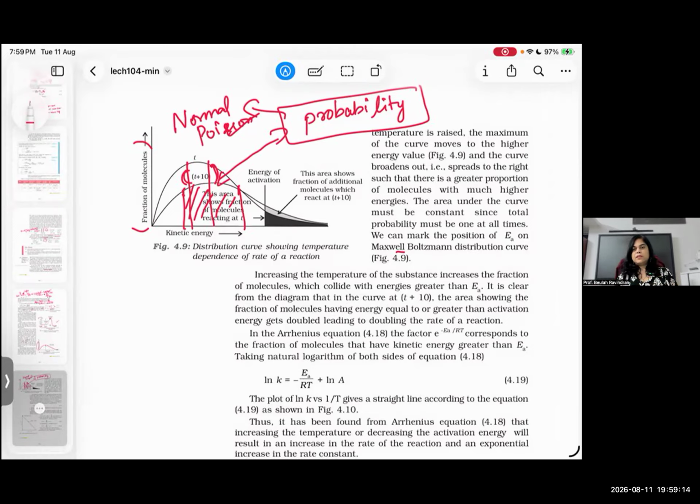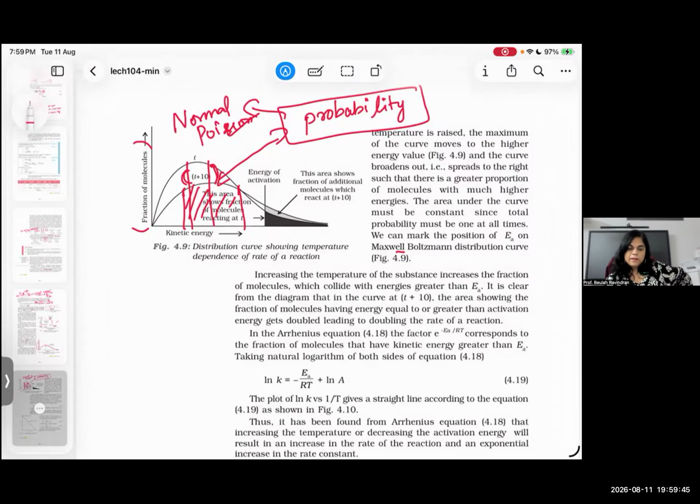So he used all these mathematical statistics to derive how the distribution of molecules takes place, that is, how the kinetic energy increases for every 10-degree rise of temperature. That's what he was saying about the activation energy. So the number of molecules carrying the energy is the fraction divided by the total number of molecules.